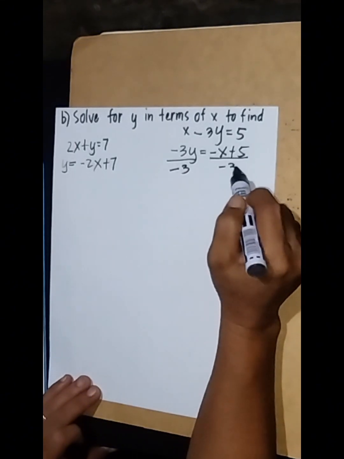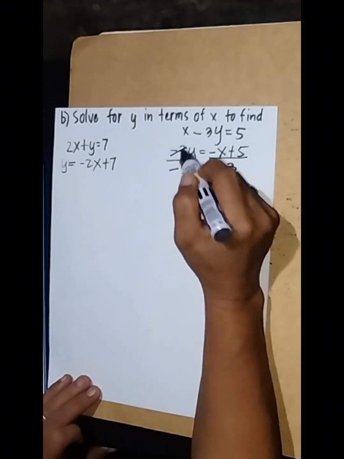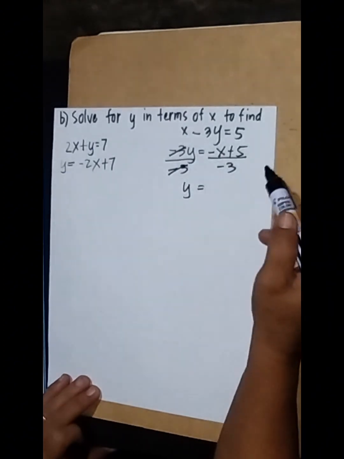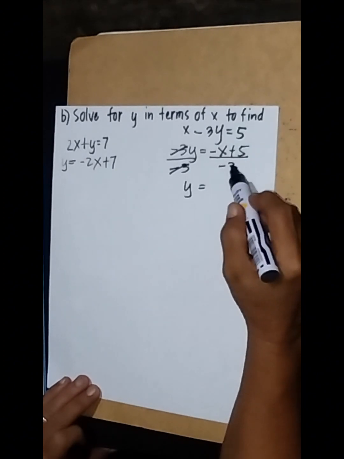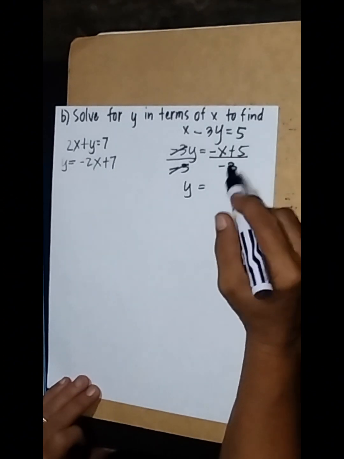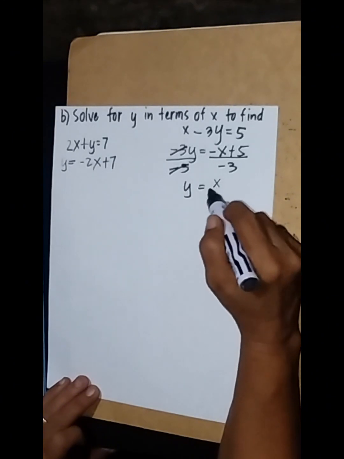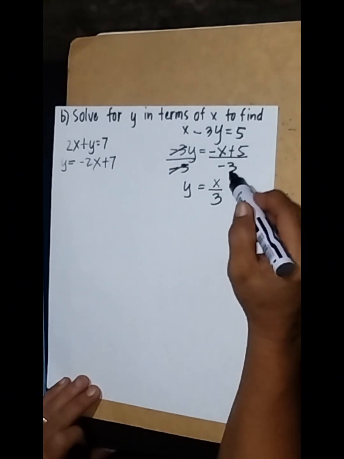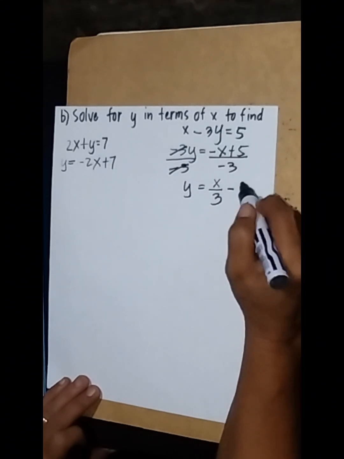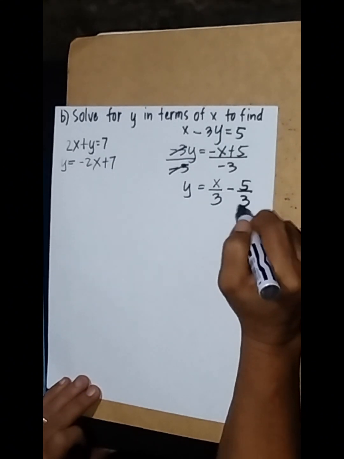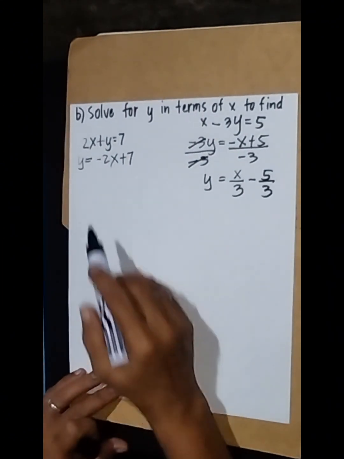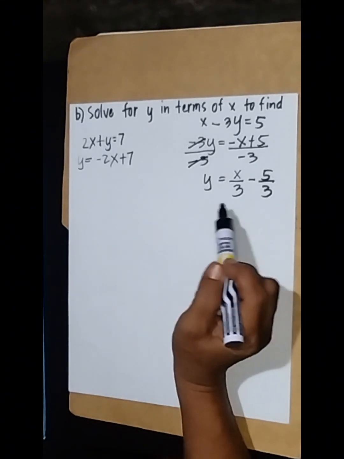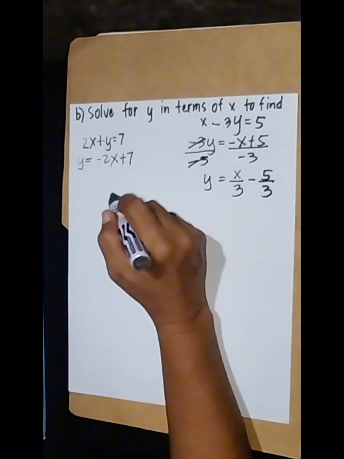Ito po ay negative 3. So cancel because equal to 1. So 1y or y is equal to negative x, and negative 3 is positive x over 3. Positive 5 divided by negative 3 is negative 5 over 3. So now we have, since both equations are equal to y, so we have to equate.